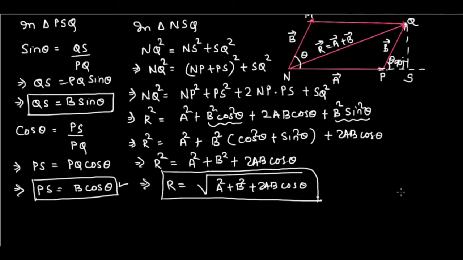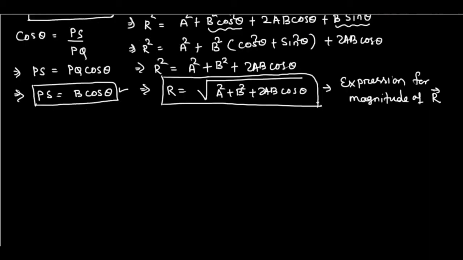And if you want to find the direction of the resultant vector, you have to find the angle beta made by this resultant vector with vector A. This is the expression for the magnitude of R vector. Is that clear?